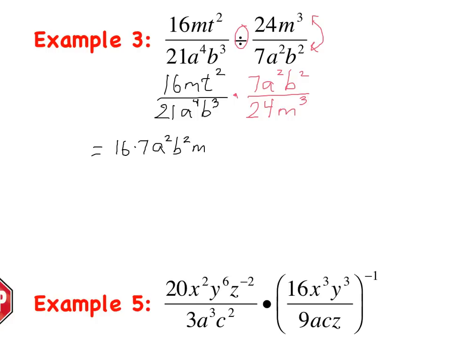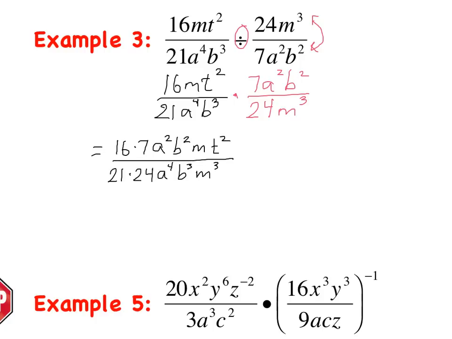I've got an m and then a t squared. So there's really no combining our numerator any better than that. Just rewriting it as one numerator. Then we have 21 times 24, a to the 4th, b cubed, m cubed.